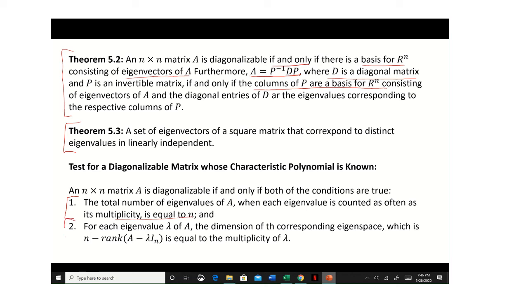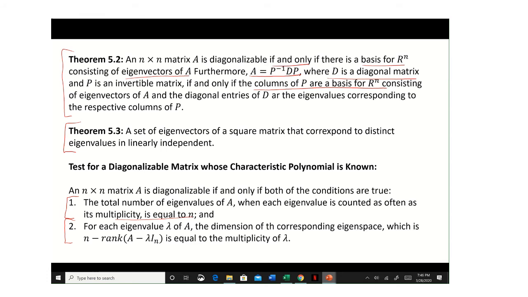The second one says that for each eigenvalue, the dimension of the corresponding eigenspace is equal to the multiplicity. So remember we said when we had something like multiplicity 3, the dimension of the eigenspace could be 1, 2, or 3. To be diagonalizable, it has to be 3. If it's 1 or 2, right away you are not diagonalizable.